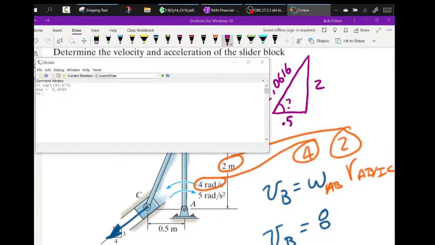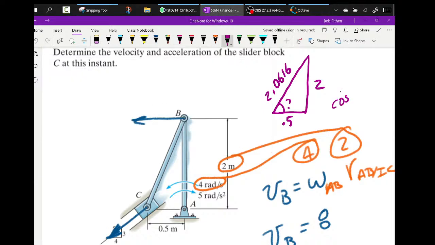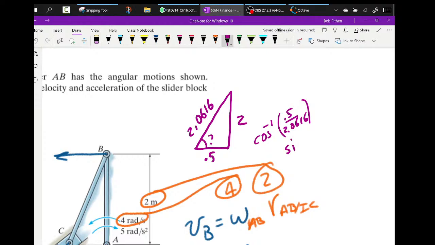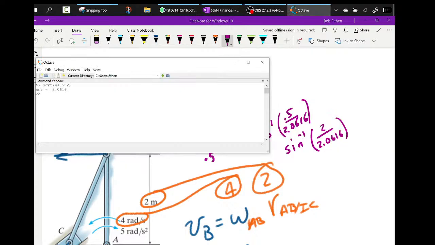Yeah. So now if I want to know this angle, I don't know if I want to do it that way, but then what I'm going to do is check it using the sine of, so let me do that real quick. You know what? I think I'll just put this in as A, the angle.